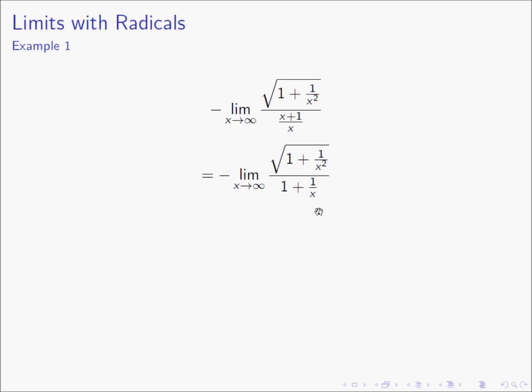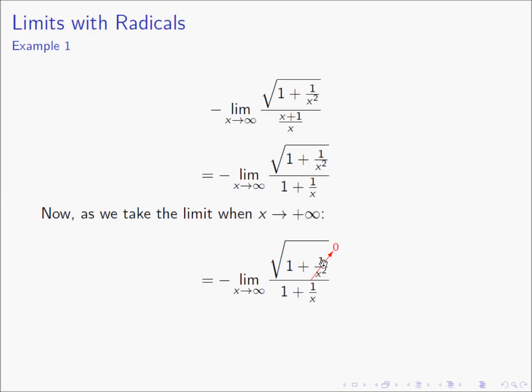And now we're taking the limit, but we're only considering x negative. So we're taking the limit when x approaches minus infinity. Here it should be minus, not plus. And this 1 over x squared will approach 0, and this 1 over x will also approach 0. So this will be the square root of 1 over 1, and minus that's minus 1.